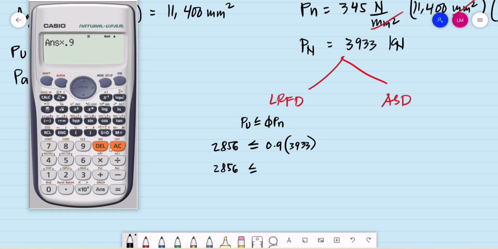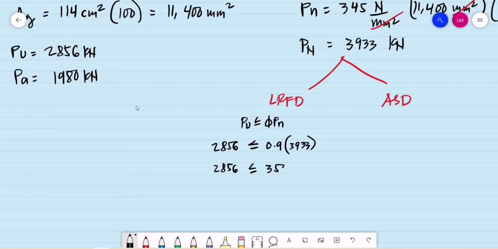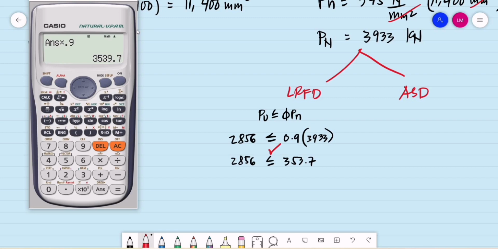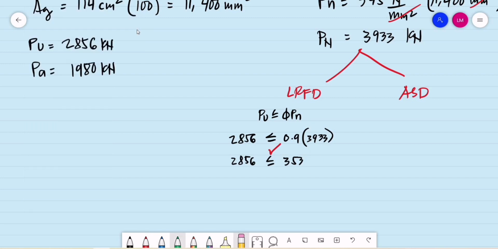So this is multiplied by 0.9, that is 3,539.7 kilonewtons. So this is safe. In terms of LRFD, it is adequate, since the ultimate load, the actual load of 2,856, is less than 3,539.7 under LRFD.